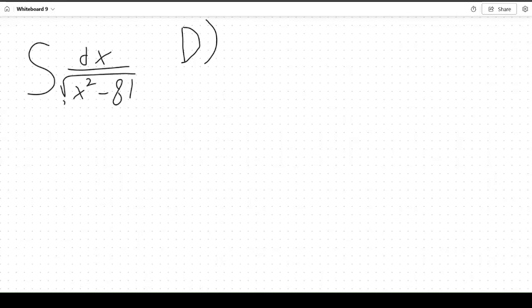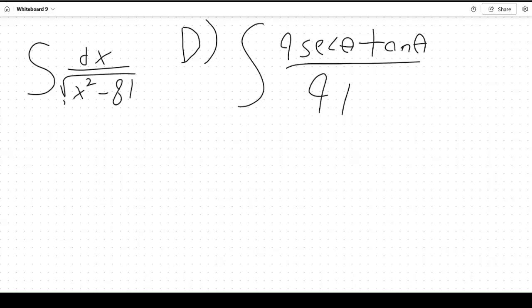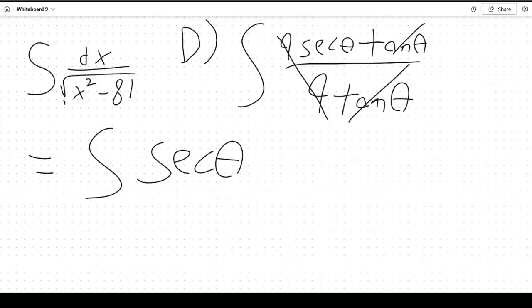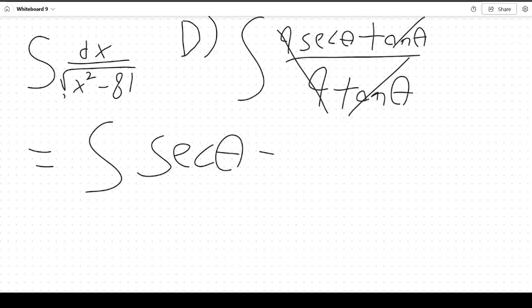So we got our dx and we have our problem set up. So our new problem would be 9 secant theta tan theta over 9 tan theta. And immediately we can take out the 9, we can take out the tan, and we are left with the integral of secant theta. And we already know that the integral of secant theta is ln secant theta plus tan theta.